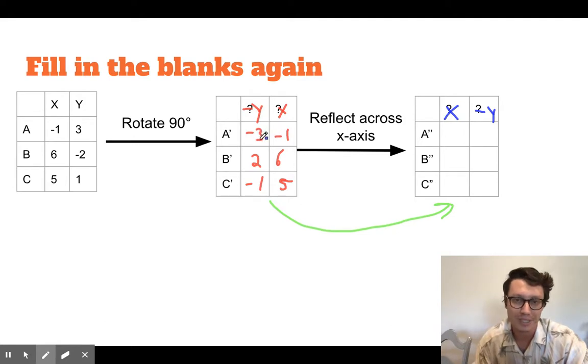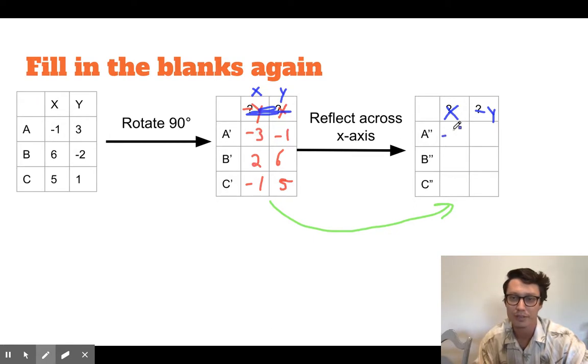But if we were to legitimately plot these on a graph, the first number is still always your x numbers, and the second numbers are always your y numbers. These are just the rules to help you get your numbers straight. So now that we are doing a second transformation, we're going to ignore these, and this is going back to our normal x, y chart. Okay, so our x numbers stay the same.